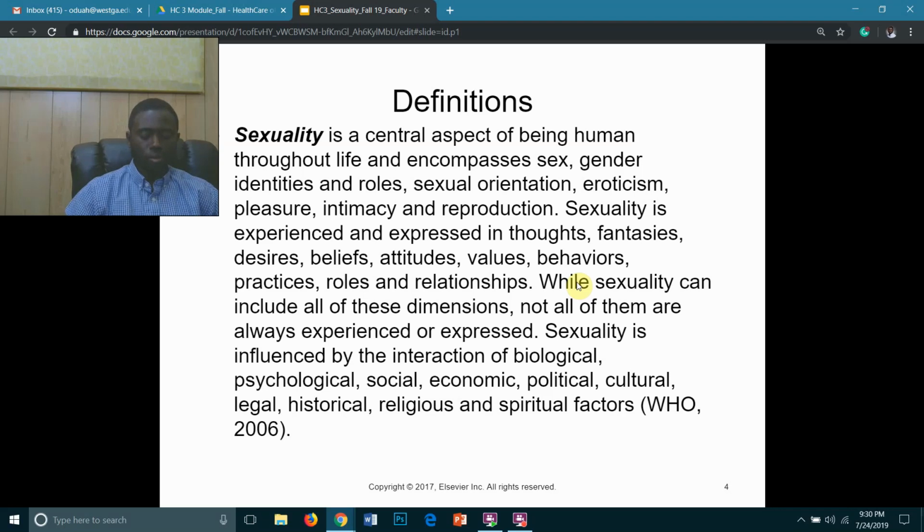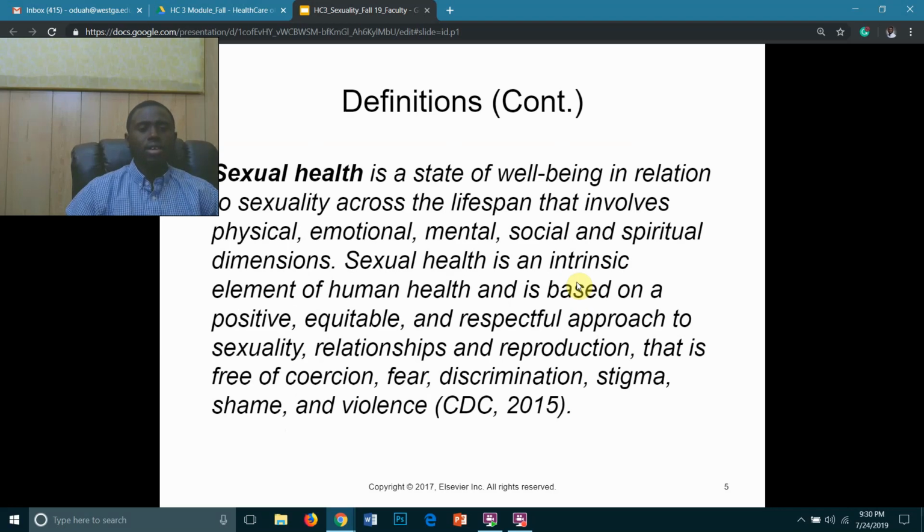The CDC also defines sexual health as a state of well-being in relation to sexuality across the lifespan, and it also mentions that our sexuality involves the physical, emotional, mental, social, and spiritual dimensions.